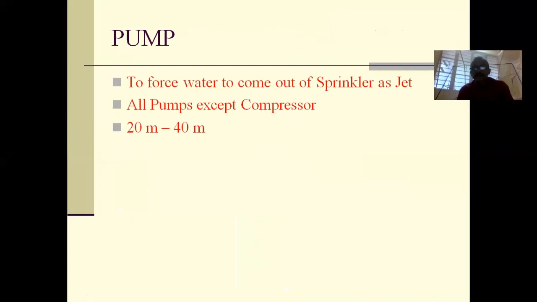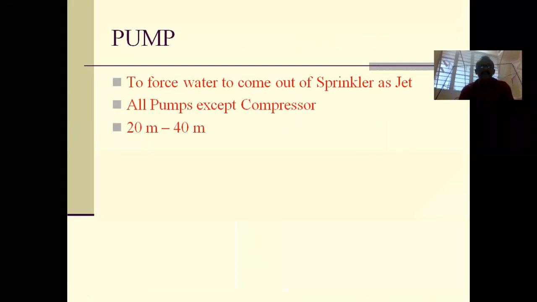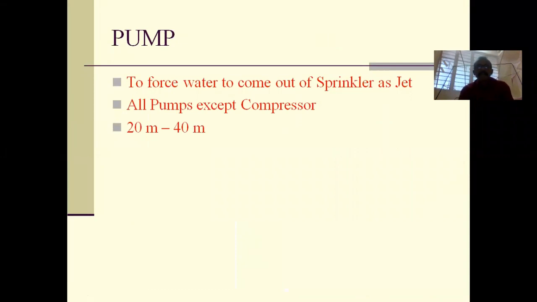All pumps can be used for sprinkler irrigation system, which are able to develop the pressure needed for sprinkler irrigation system, except compressor pump. As you know, the compressor pump makes use of air for lifting the water. So that compressor pump does not give water in a continuous way. So compressor pump cannot be used for sprinkler irrigation system.